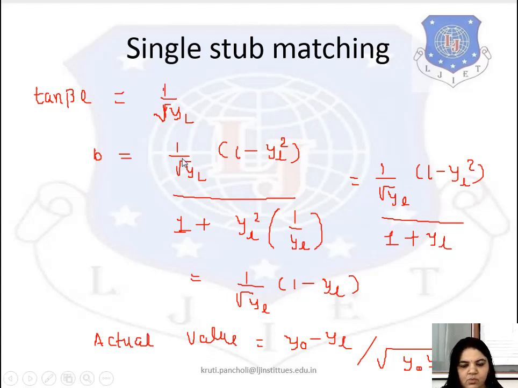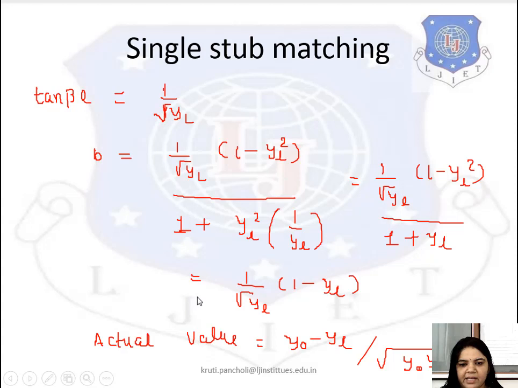So B = (1/√YL) (1 - YL²)/(1 + YL²) into 1/YL. Here 1 - YL² is 1 - YL, 1 + YL, and the 1 + YL is cancelled from both sides. We get B = (1 - YL)/√YL.